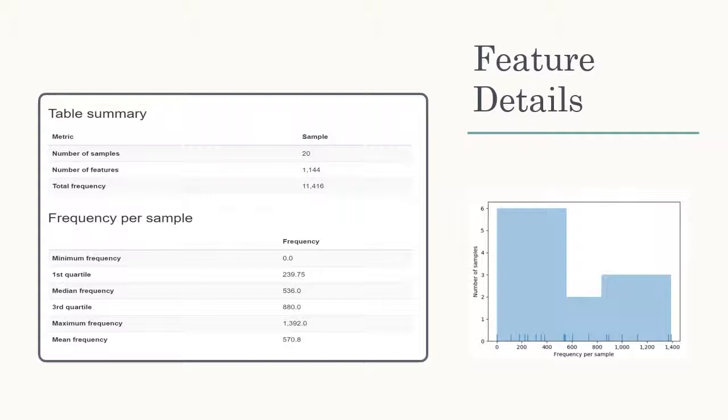The first quartile is 239.75, which means that 25% of the samples are below this number. The median frequency is 536, which is quite a bit less than half of the maximum frequency.